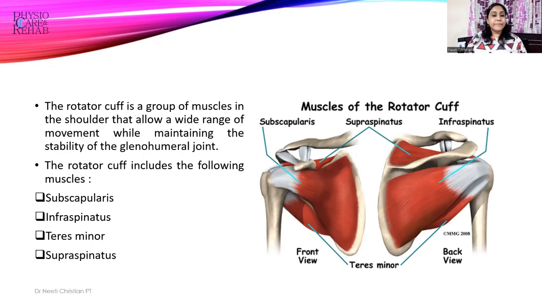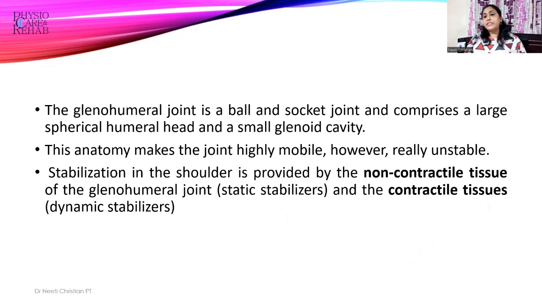The glenohumeral joint is a ball and socket variety of synovial joint, with a large spherical head within the small glenoid cavity. Such anatomical structure makes this joint highly mobile and very unstable.